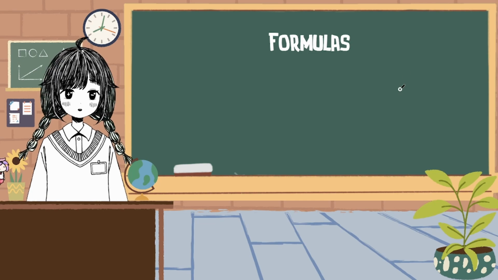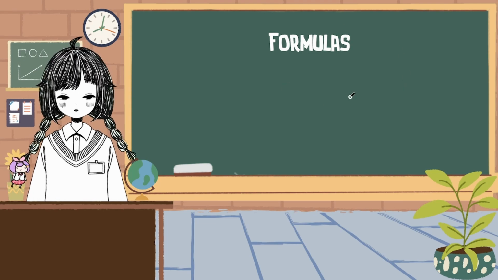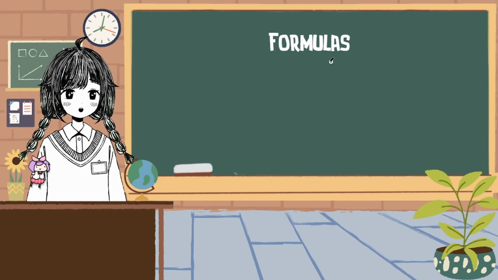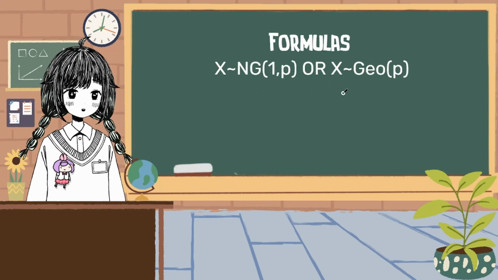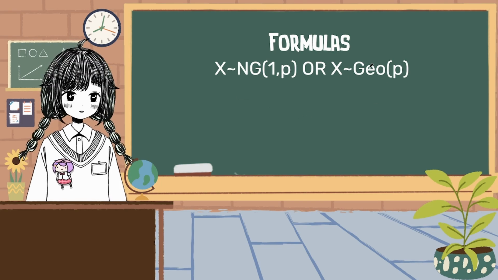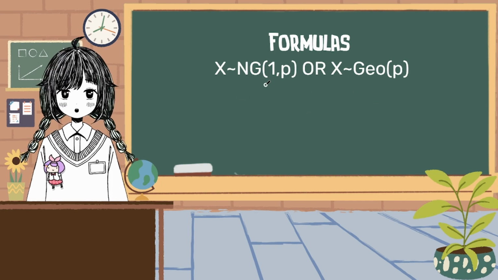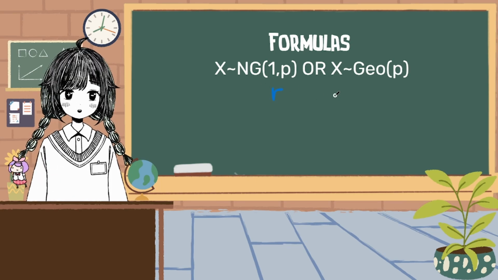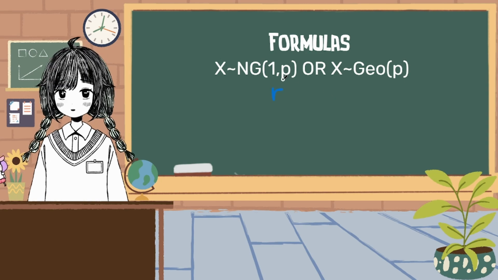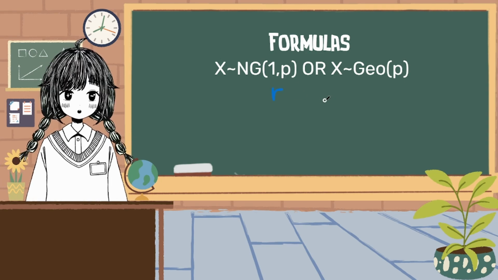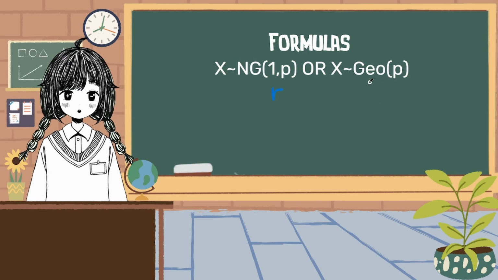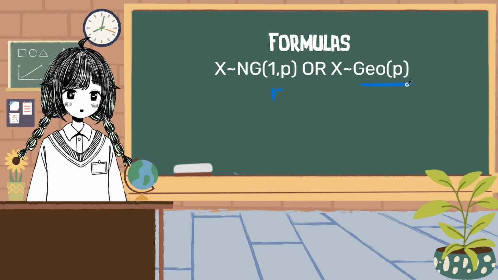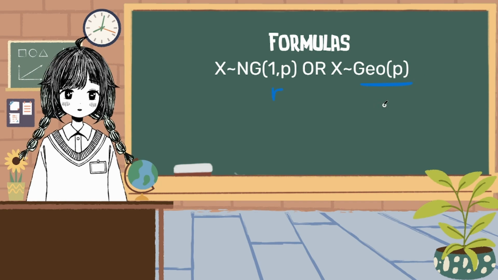Let's look at the specific formula for geometric distribution and see how it connects back to what we already learned. We see geometric random variable can be written as this from negative binomial, but with R already set to 1. Remember that geometric is the special case for negative binomial distribution where we're only looking for one success, or you can write GEO(p) since R is always 1 anyways.